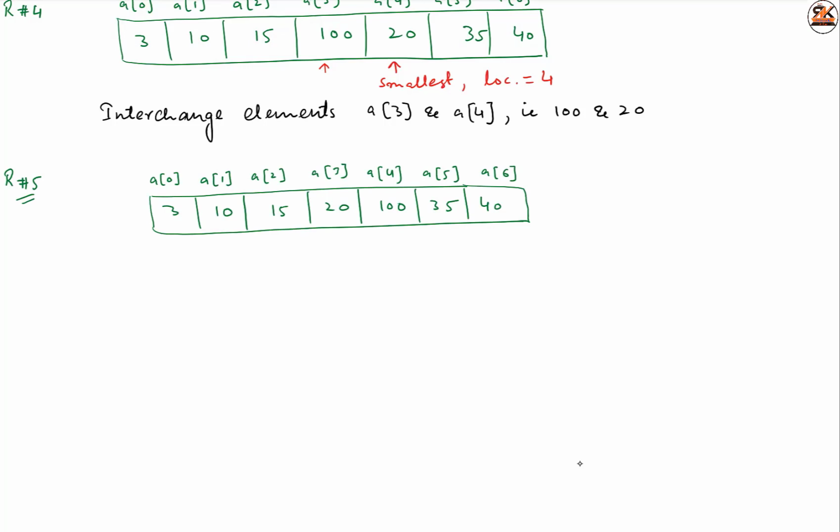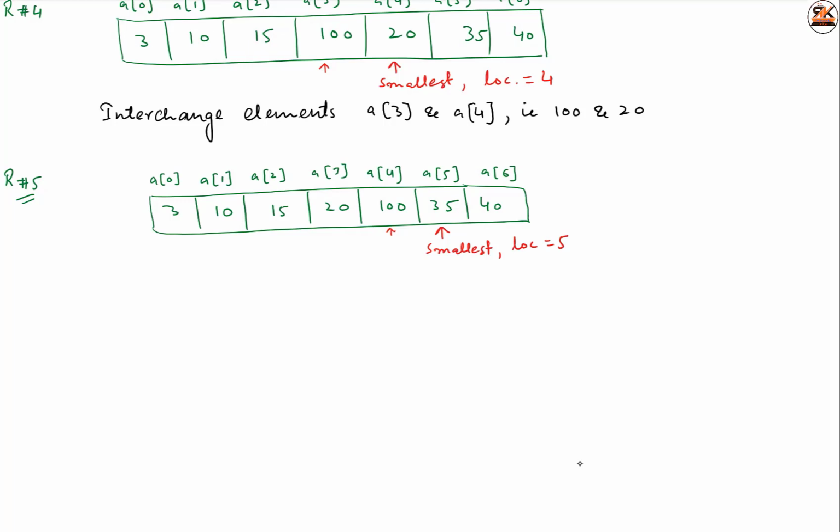Now in round 5 what I have to do is find the element that is the smallest in the sub array, and the sub array starts from a4 to a6. The sub array starts from this point and the smallest element here is 35. So I'll mark it as smallest, and the location of this smallest element is 5.